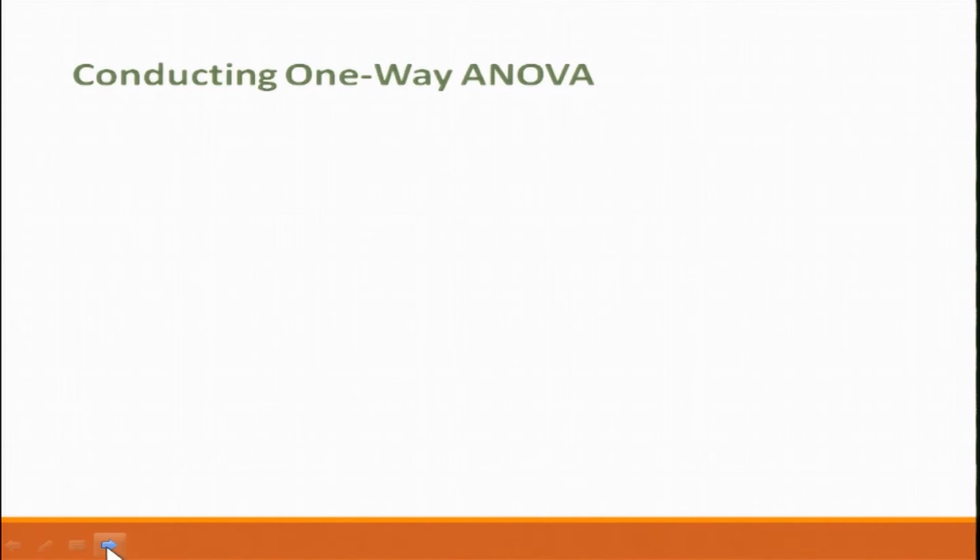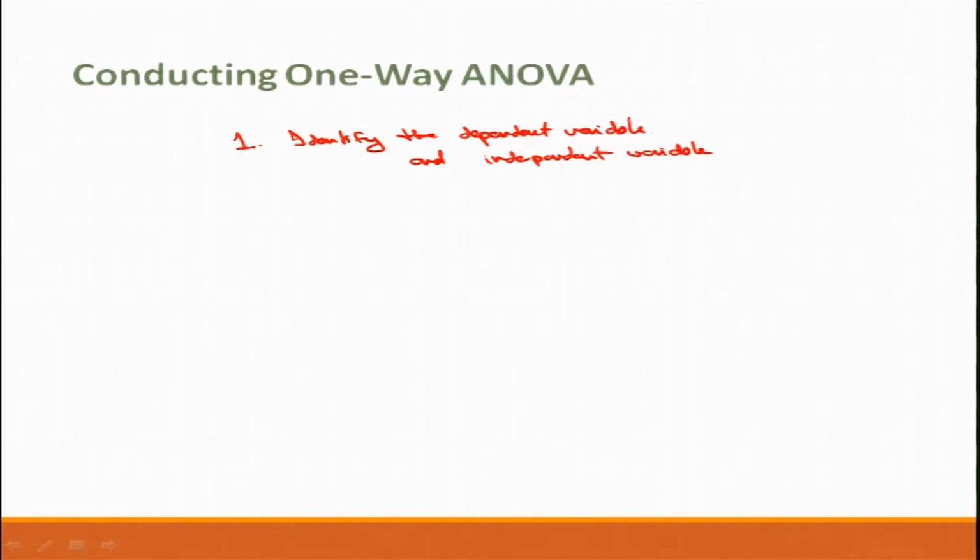So, next is how to conduct one-way analysis of variance. I will put a flow chart here, or the steps here. First step is we identify the dependent variable and independent variable.